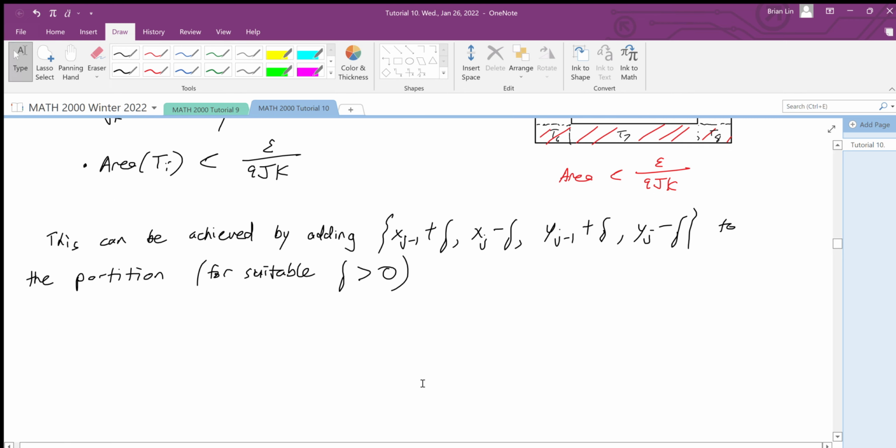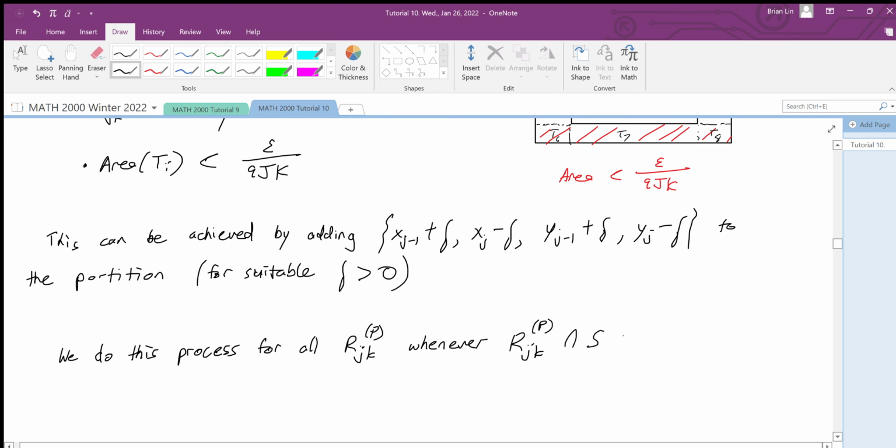So we could do this for not just a choice of R_jk, but we could do this for all possible R_jk. So we do this process for all R_jk^P whenever R_jk^P intersect S is empty.